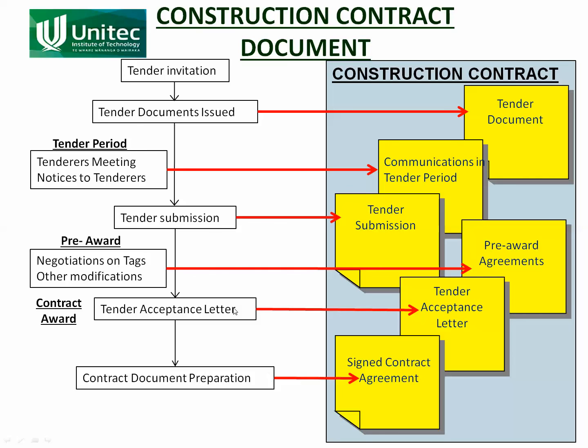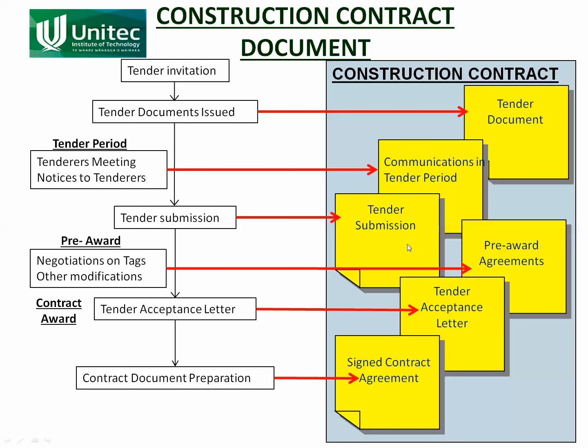Before the contract is awarded, there might be more negotiations about tags and other modifications. For example, the contractor might have tagged it and said that if we strike rock it would be $100 a metre. There might have been some discussions about it and they decided that if they struck rock it would be $80 per cubic metre. So that would have modified the tag in the tender submission in the pre-award agreement.